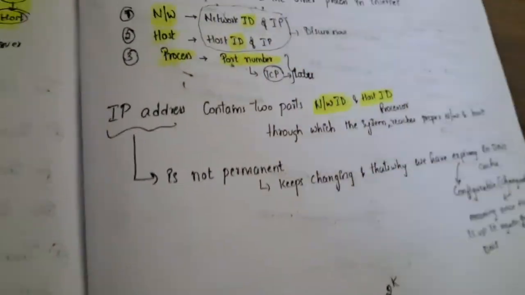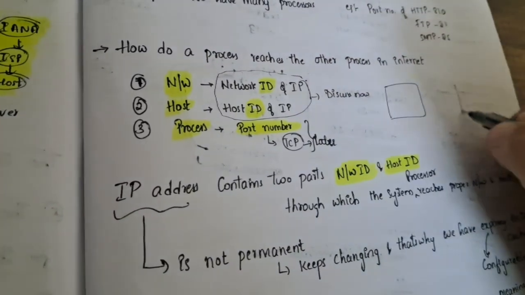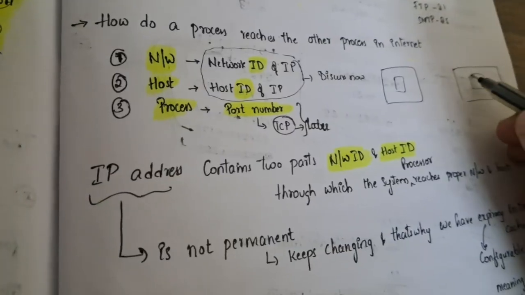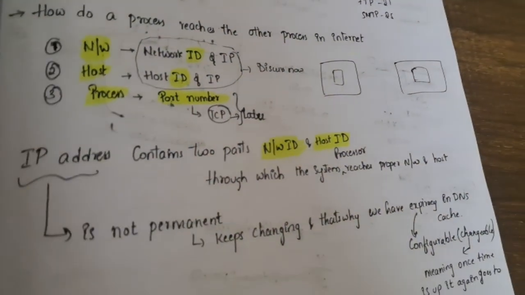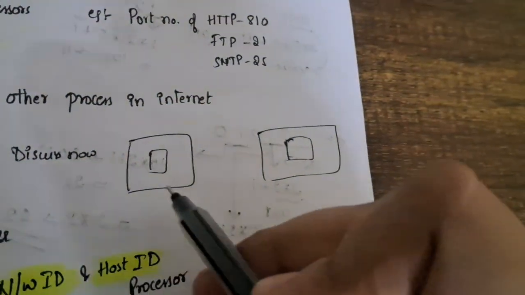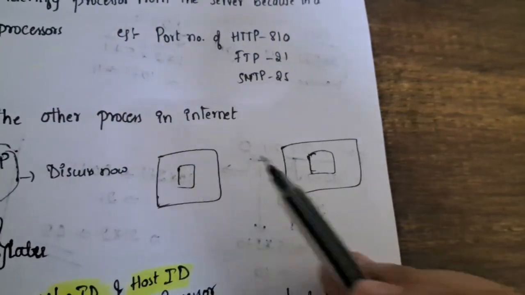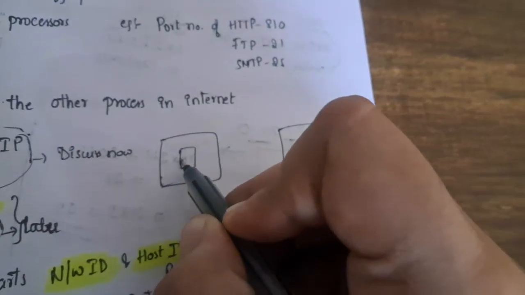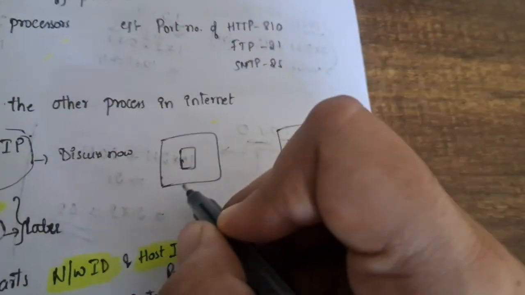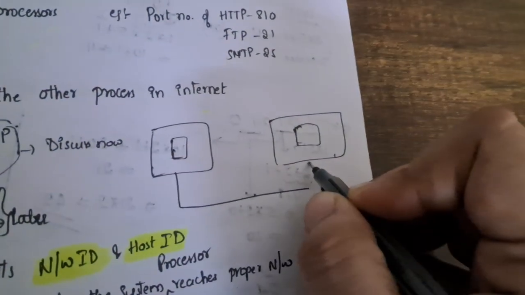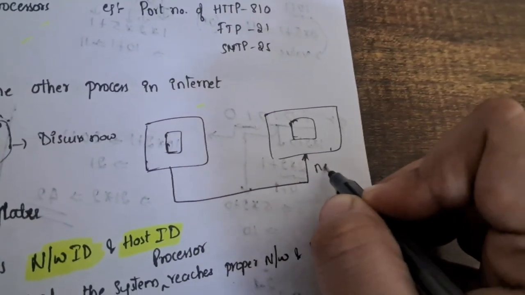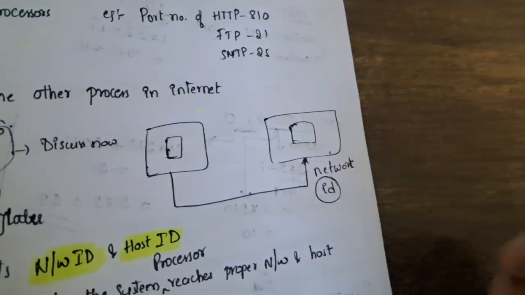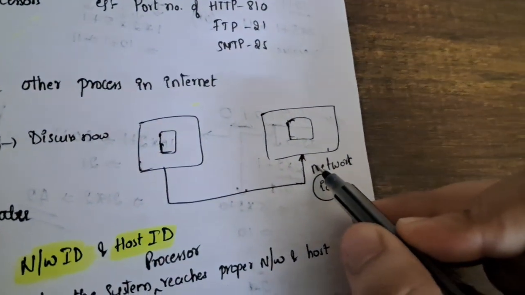Now, here I have a system, and here we have the other system. This is a server. To reach the correct network, we will have a network ID, so that from here it will reach the correct network.